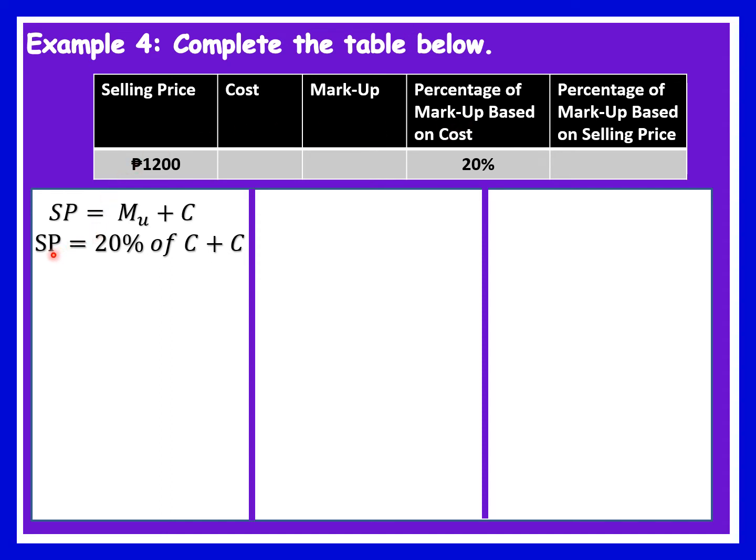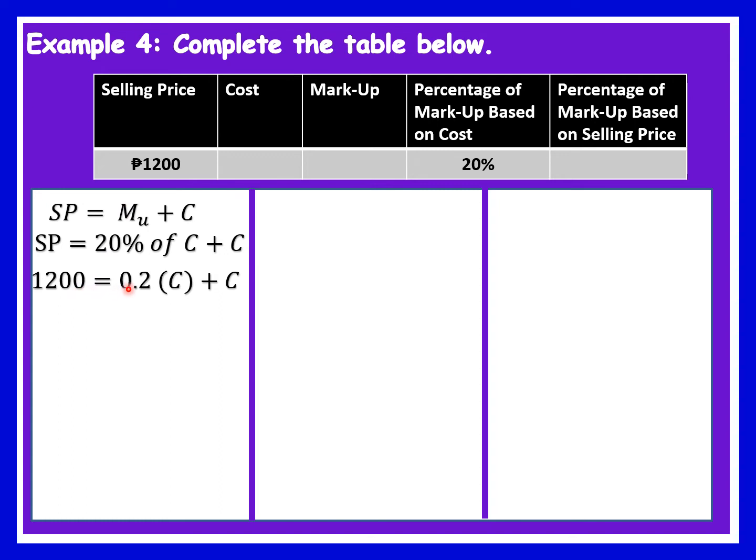So, pag magbebenta ka daw, yung cost, dagdagan mo ng 20% ng cost. And ito yung pinapakita ng table dito. So, if you have 20% of C, 20% in decimal, that is 0.2. And of, the preposition of represents multiplication. And our selling price is 1,200.